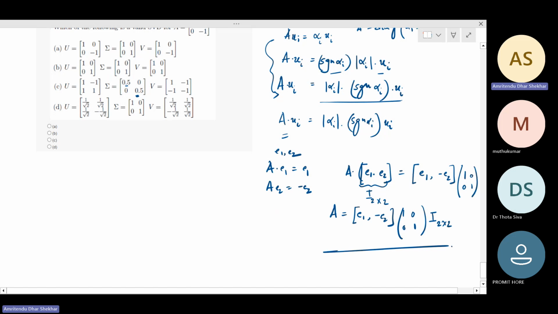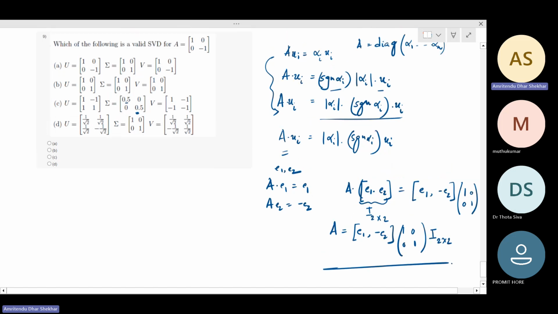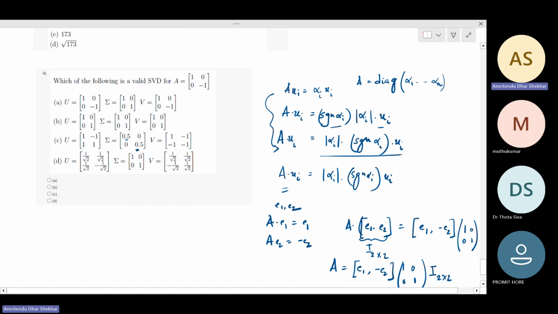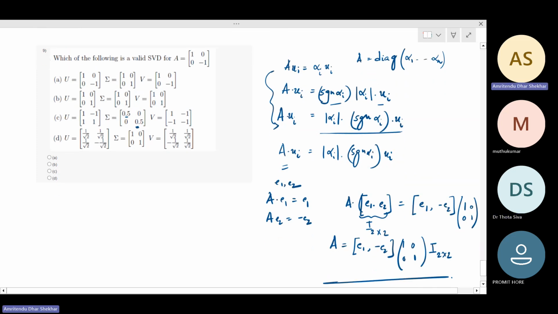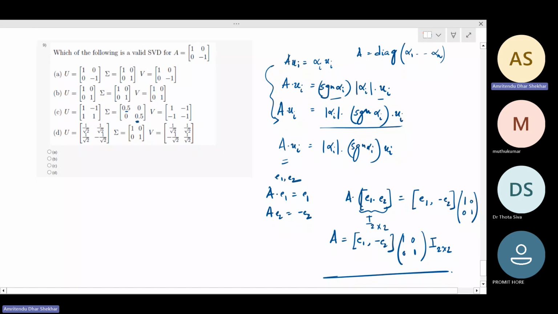So the SVD is always unique. The only place where it can possibly be non-unique is this: what are the singular values?